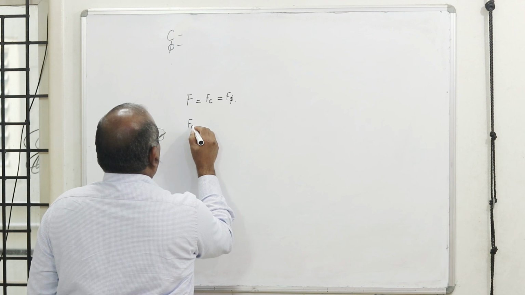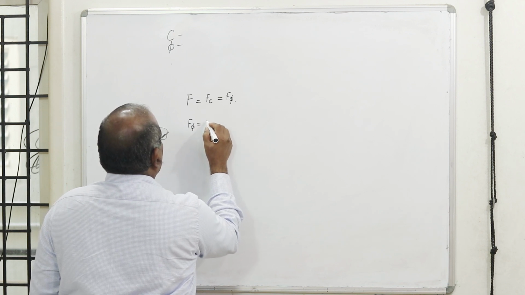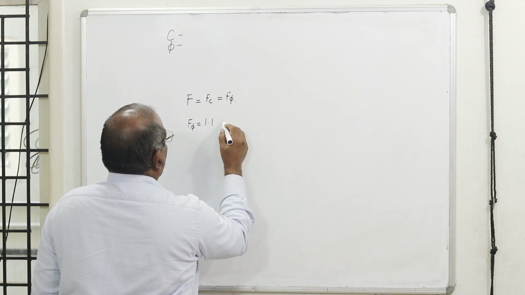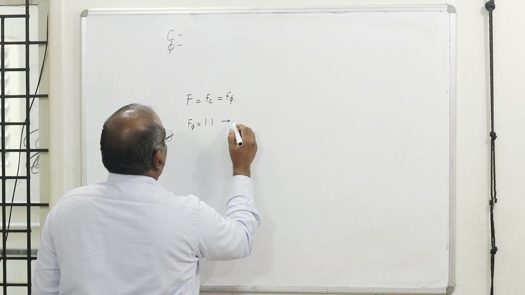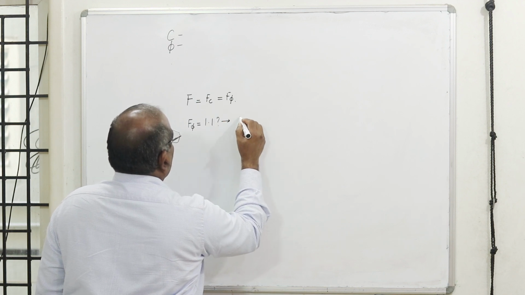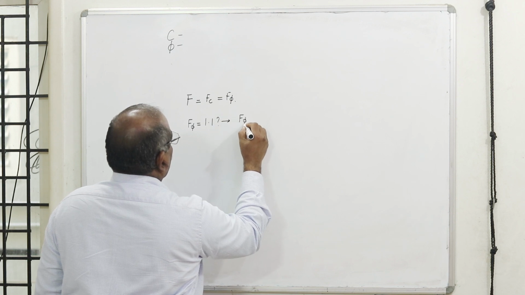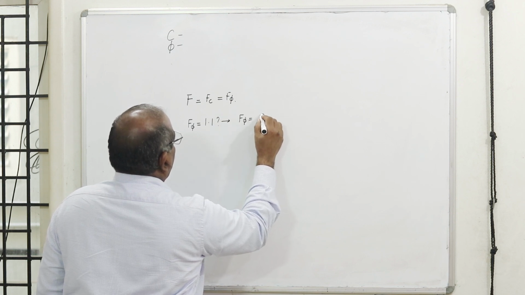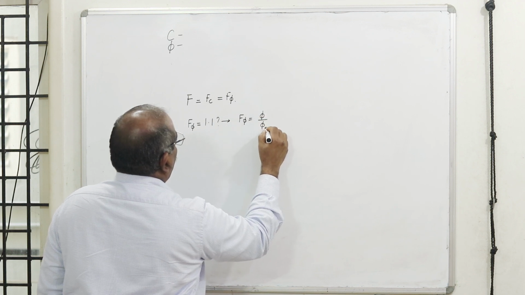To find this, we first assume a certain value of Fφ. Let us say I take Fφ equal to 1.1. Fφ is the factor of safety with respect to friction, which is equal to phi divided by phi m.